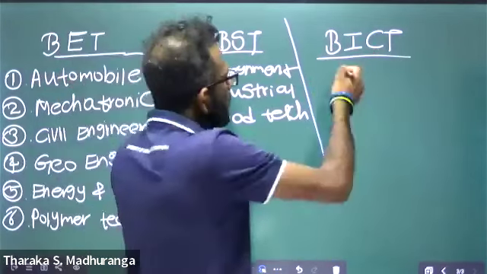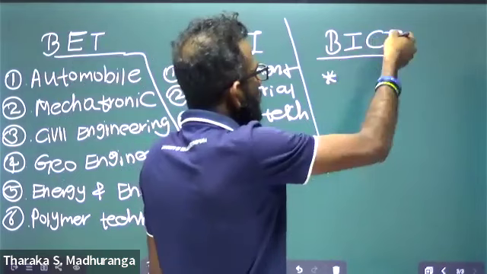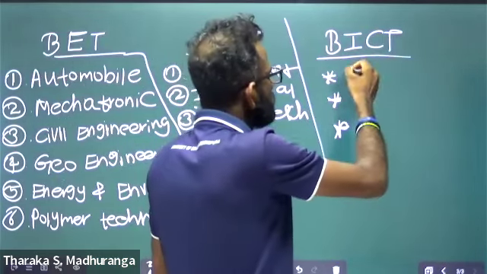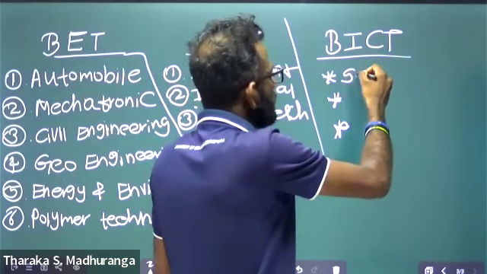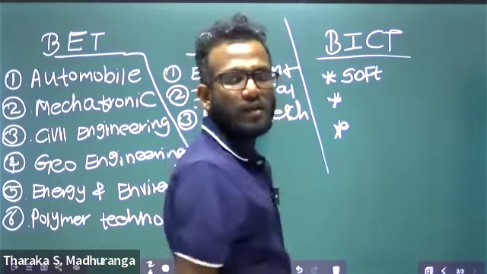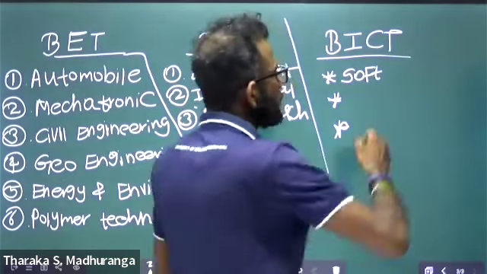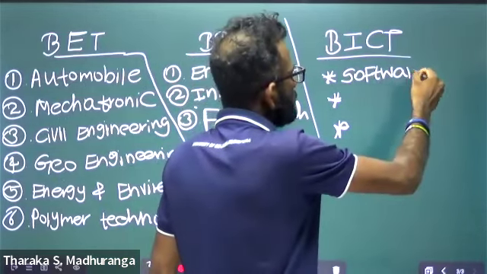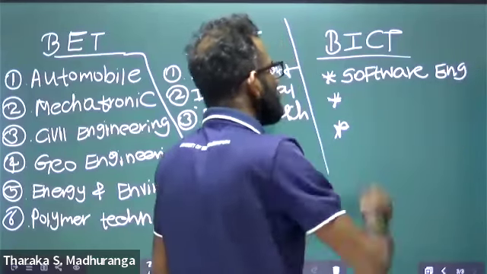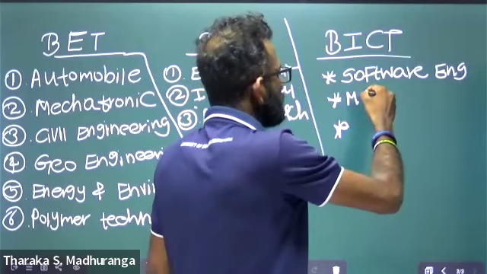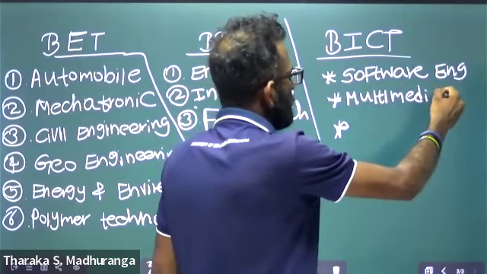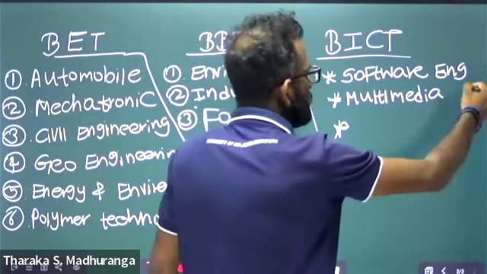In BICT, you can select three areas. The first one is software engineering technology. I think you can imagine the demand for software engineering in the world. The second one is multimedia engineering technology.